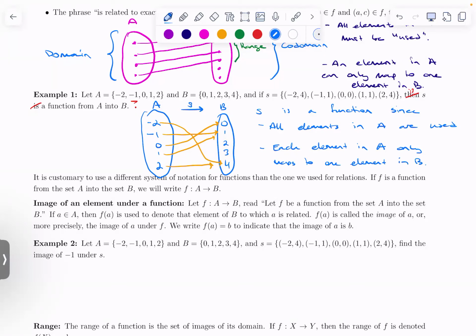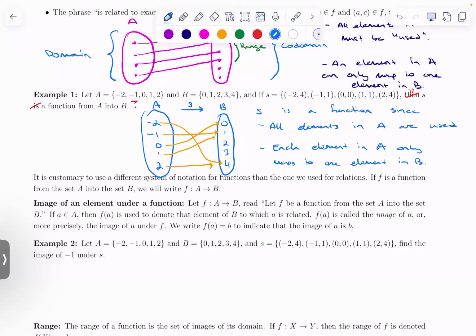I didn't introduce the term mapping, but I think it's pretty intuitive. A maps to B, that kind of thing. We're going to talk about the image of an element, but that's the same as mapping it. And so I'll introduce this notation. We're not really going to use this notation. We'll use function notation instead.